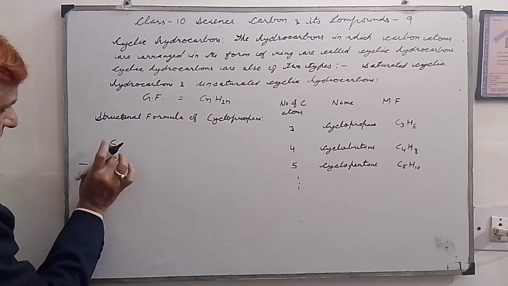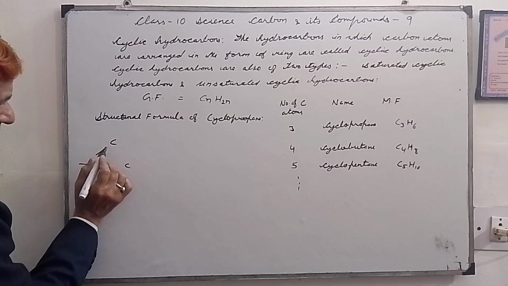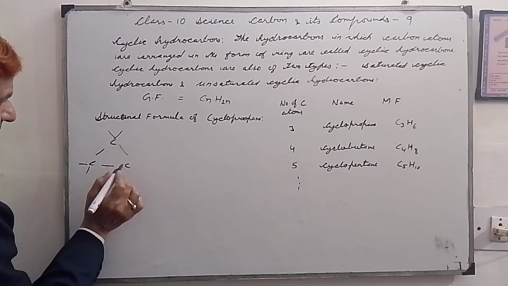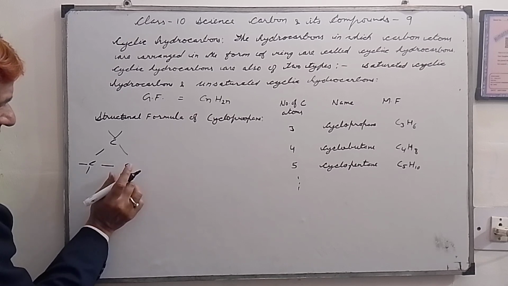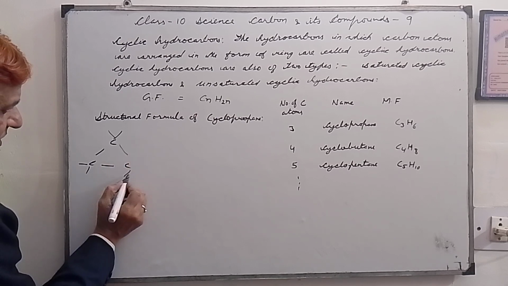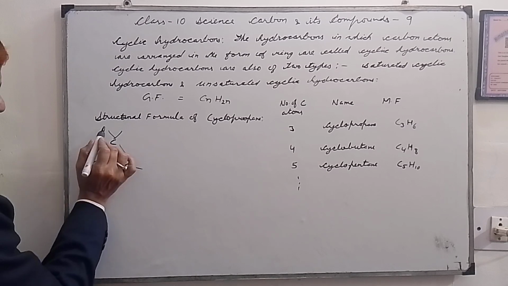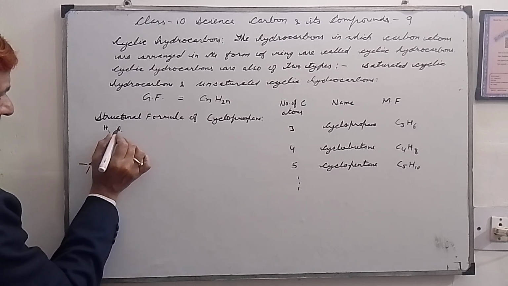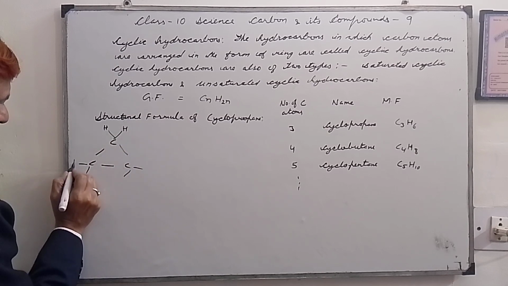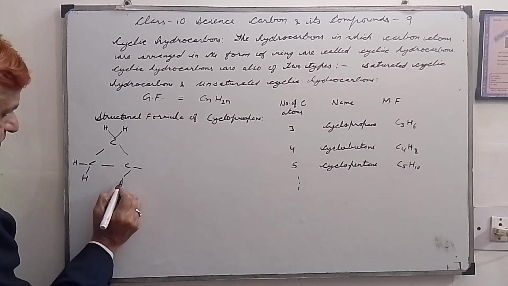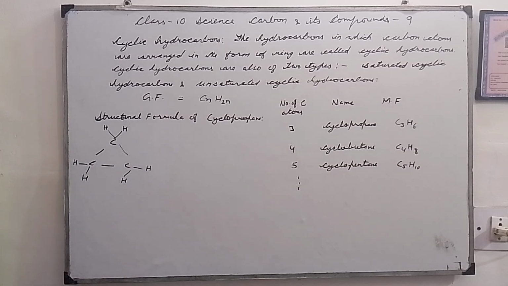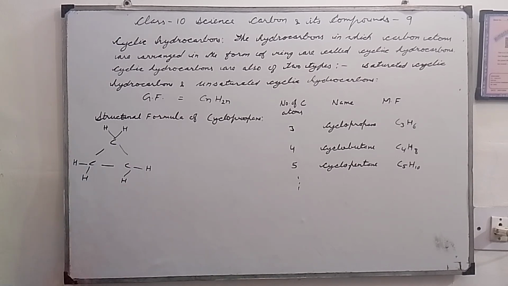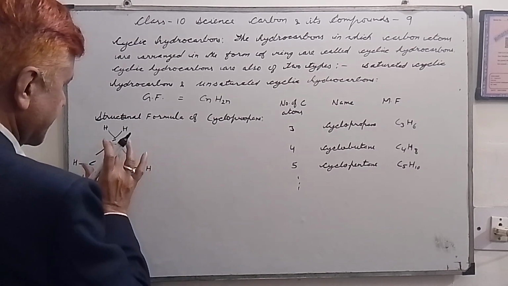Now take this atom, 1, 2, 3 and 4. Now this atom of carbon, 1, 2, 3 and 4. Now attach hydrogen atoms to each of these carbon atoms. So this is the structural formula.